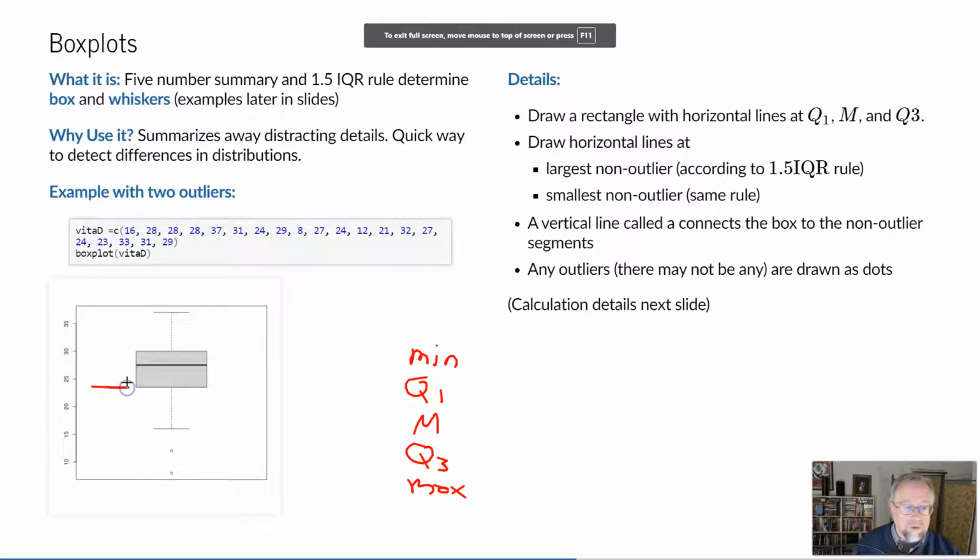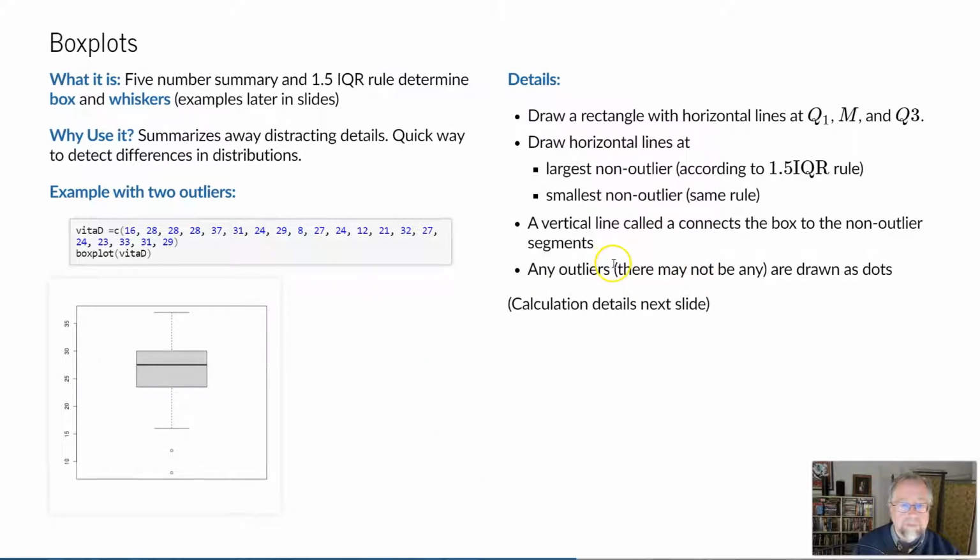So the value of Q1 ends up being this horizontal line. The value of the median is this horizontal line. And the value of Q3 is the height of this horizontal line. So that's kind of handy. I have the calculations on the next slide, so we'll deke over there and look at them in just a second. And I'll talk about the whiskers in just a moment.